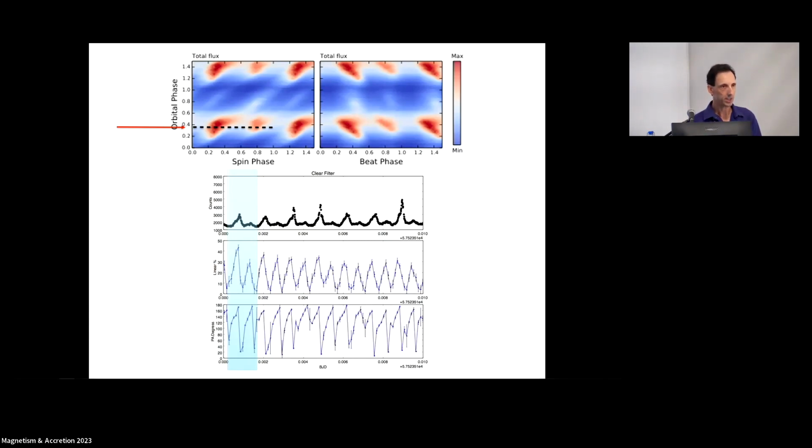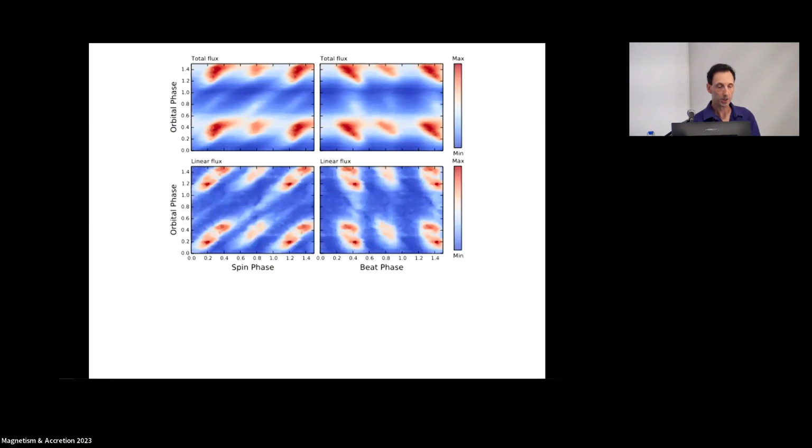And similarly, in the Fourier analysis of the data, we detect strong beat and spin periods. So we also produce a similar plot showing how the beat pulses vary with orbital phase. You can see they are strongest during a certain orbital phase period, but also they have this diagonal shift as a function of orbital phase.